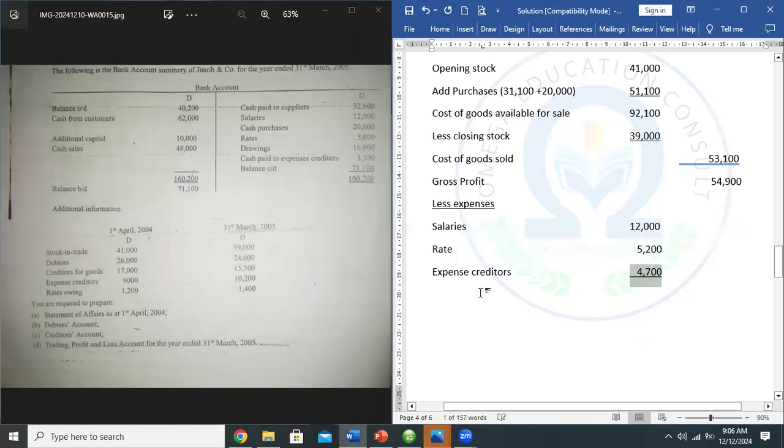So we get our total expenses. We put it under our gross profit and find our net profit or net loss. When we add these three figures, we'll get 21,900 deducted from the gross profit.